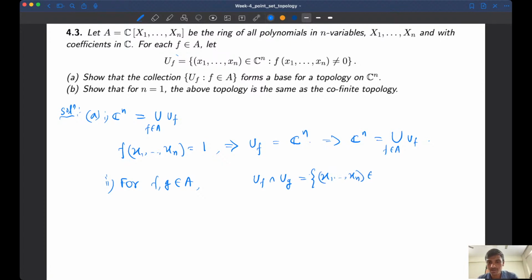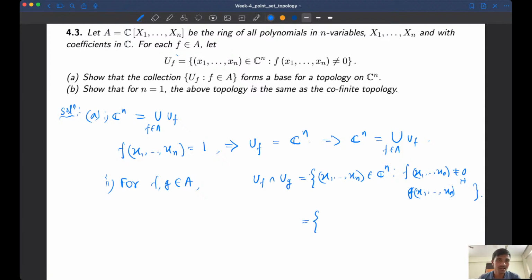So this is non-zero, and this is also non-zero, with g(x1 through xn).